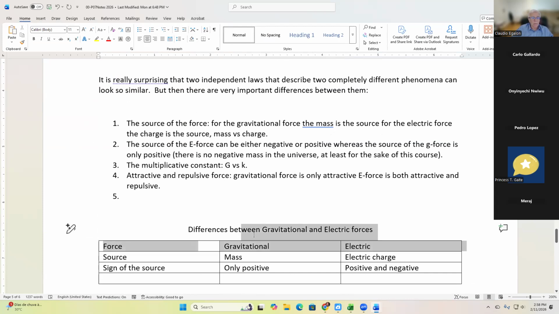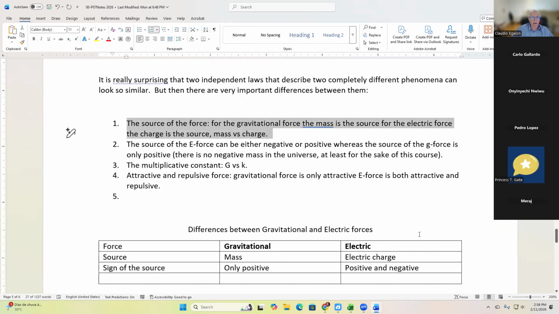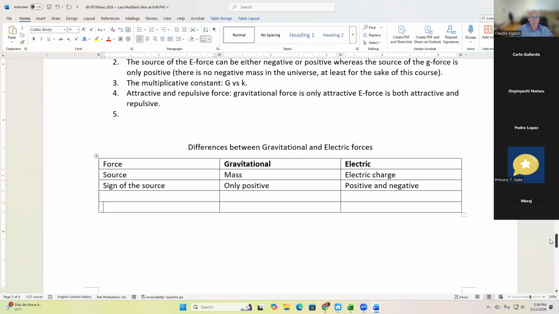I will boldface here. I'm just translating those four paragraphs here in terms of a table. Sign of the source, only positive. Gravitational, the mass has only a positive sign. Electric charge has both positive and negative signs.